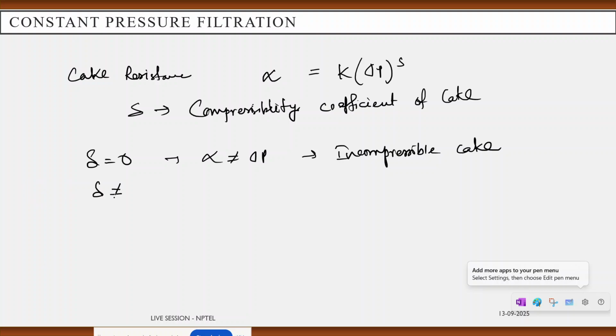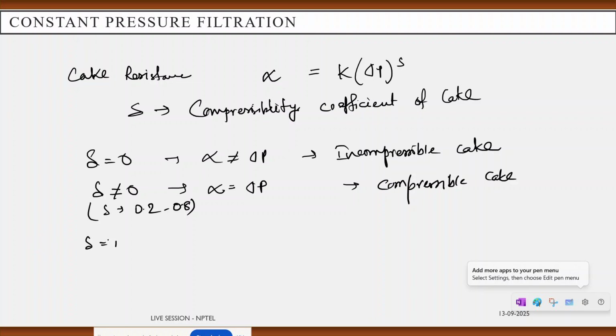When S is not equal to 0, alpha becomes a function of del P, maybe with S in the range of 0.2 to 0.8. So it falls in the category of compressible cake.